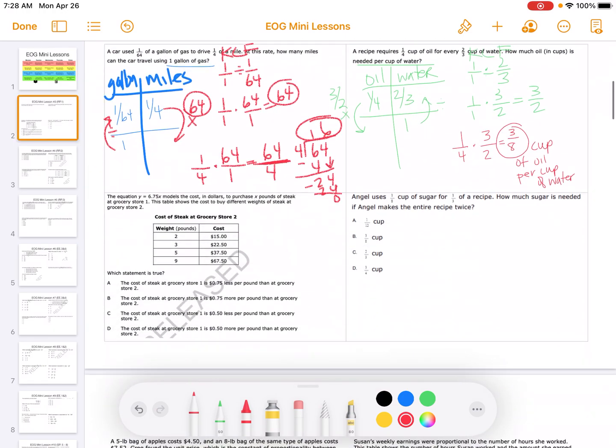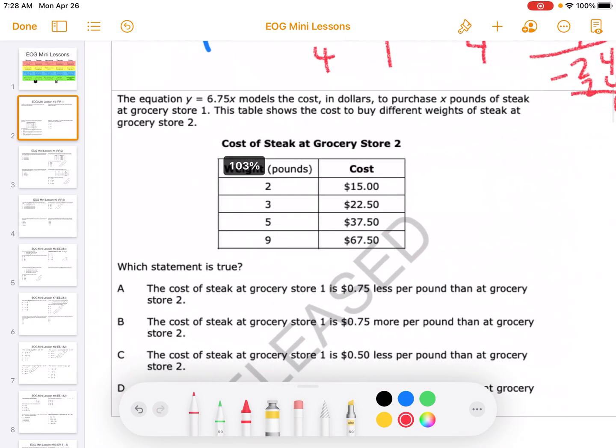All right, the next one, it's asking us to use an equation. The equation y equals 6.75x models the cost in dollars to purchase x pounds of steak at grocery store 1. This table shows the cost to buy different weights of steak at grocery store 2. Which statement is true?